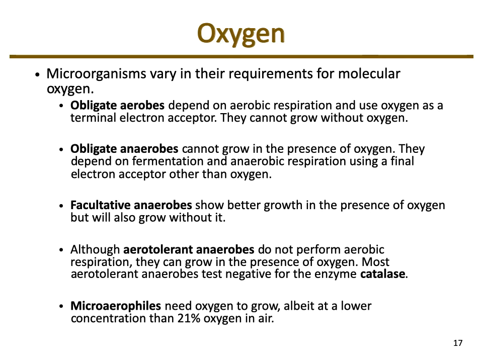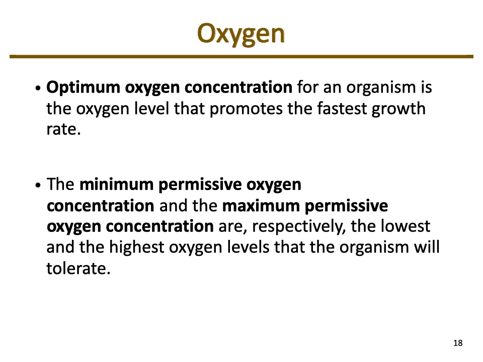And so this just defines those terms that were in that previous figure. So just like there is an optimal pH, there's going to be an optimal oxygen concentration for microbes, and so they're going to grow fastest in whatever their optimal oxygen concentration is.